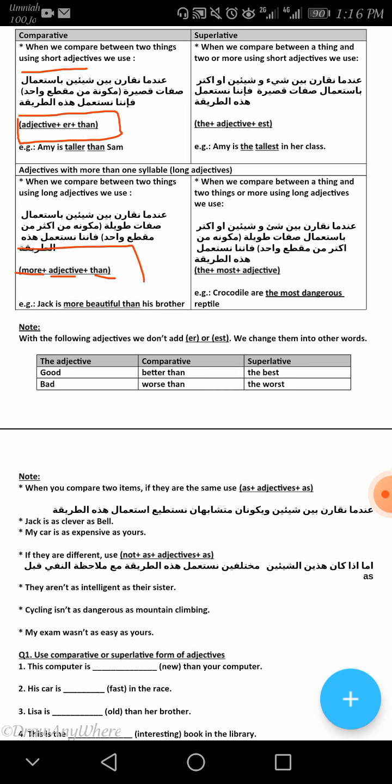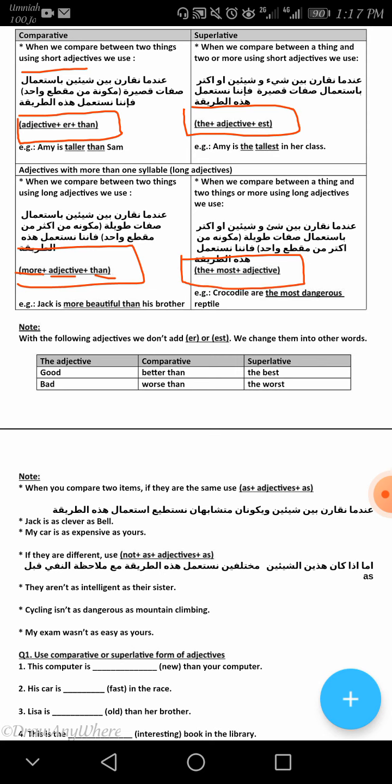Okay, this is the rule. Superlative, the same thing, but in this case I use the adjective plus est, the tallest. Amy is the tallest. And if we have long adjective, we use the most.